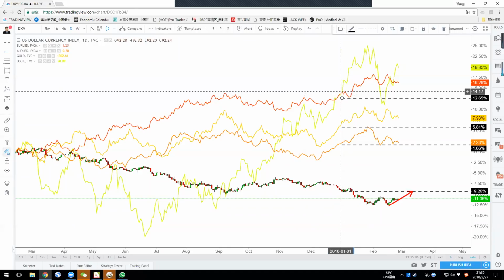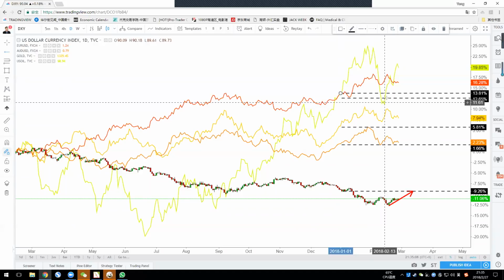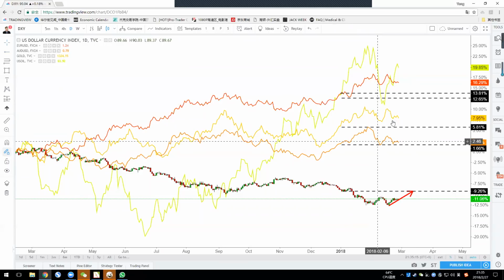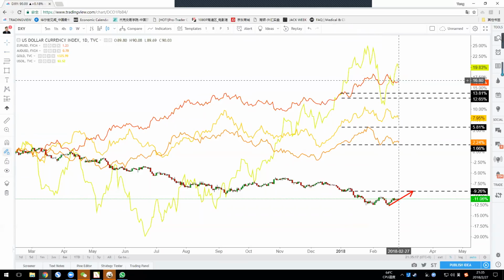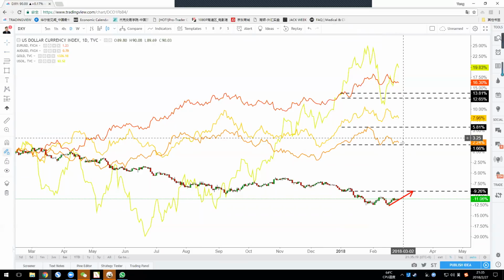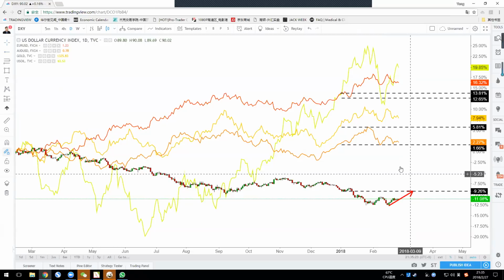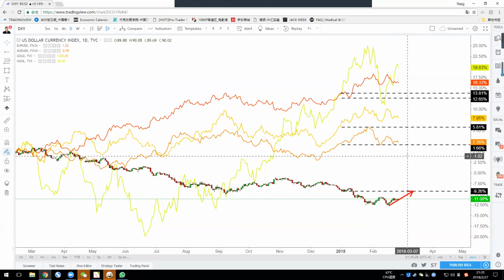And you can see here that the oil has already fallen below this target, so oil has already done the correction. But for the Aussie and for the gold and for the euro, not likely. So there is still room for the other pairs to fall.